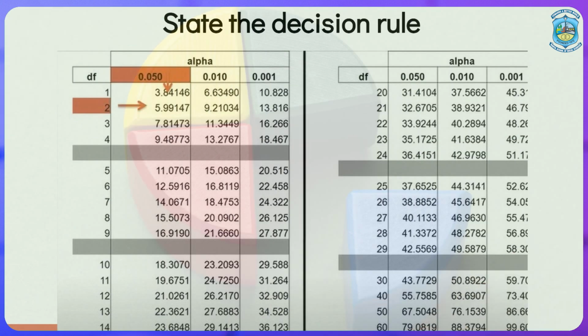Next is to state the decision rule. Now on your screen as of now is the chi-square table. Now there are two things I mentioned that we need to have for reading the table value for the chi-square. So we have taken alpha equal to 0.05 and 2 degrees of freedom. So let us see where these intersect. So the chi-square table value that we need for this particular hypothesis is 5.99.